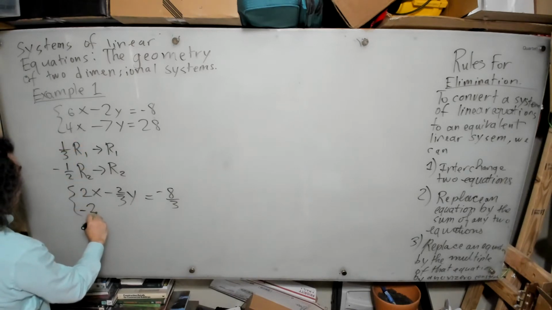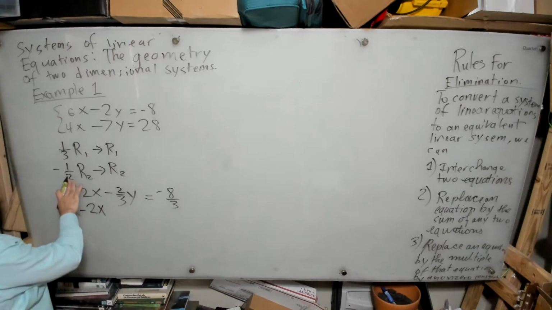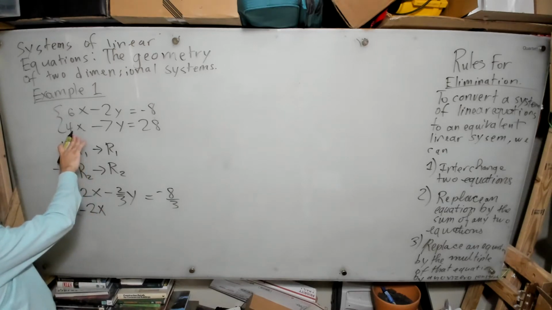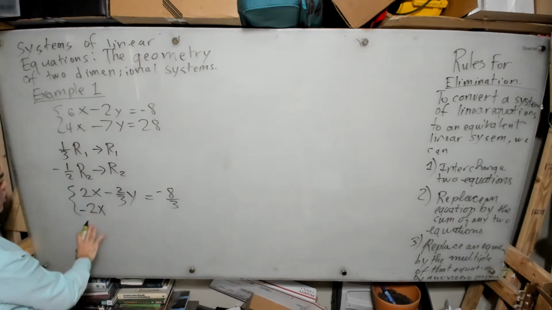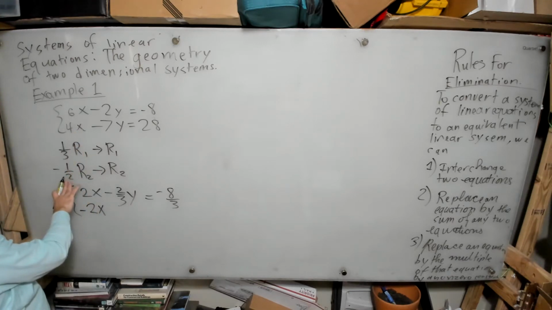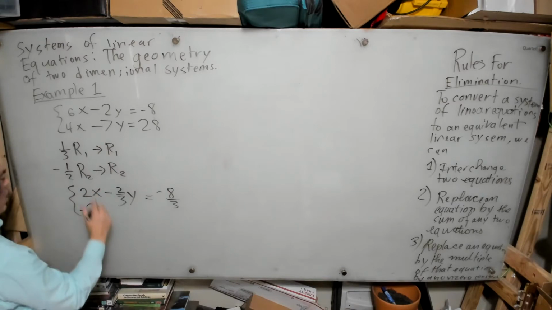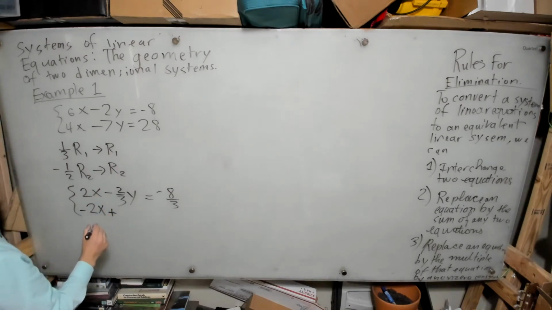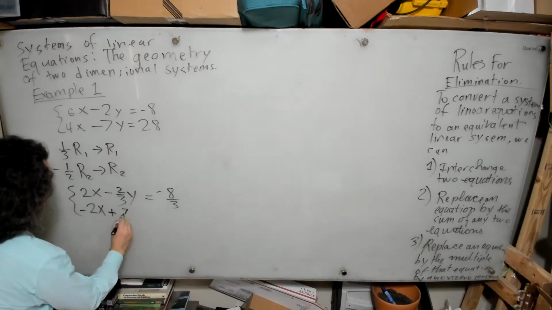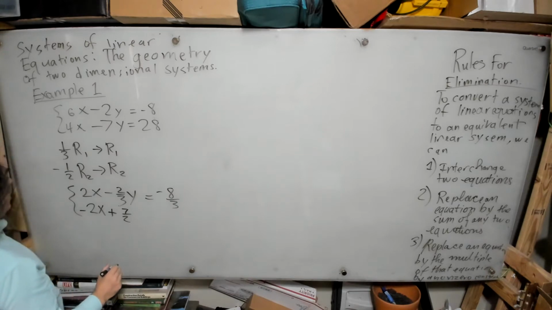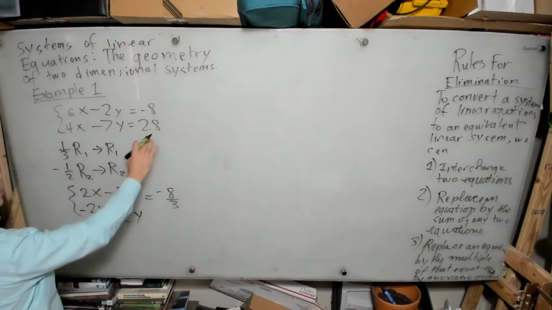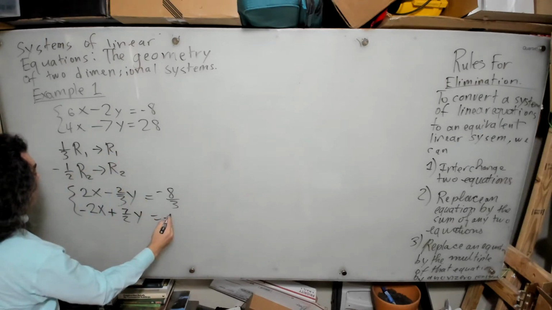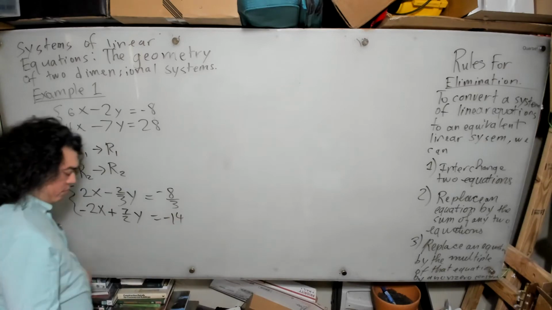That's -2, but of course I'm saying -1/2 times 4x, so it's -2x. What's -1/2 times -7y? That becomes plus 7/2 y. And then finally, what's -1/2 times 28? That's going to be -14. Okay.